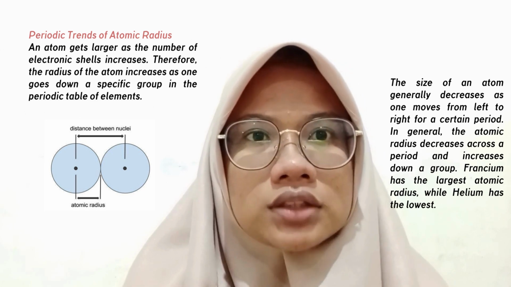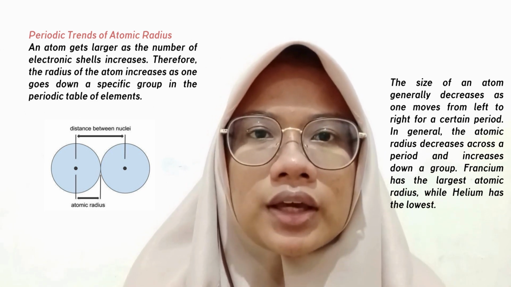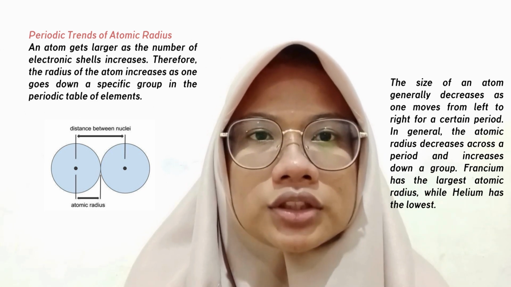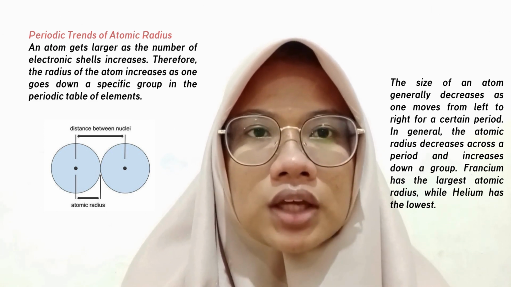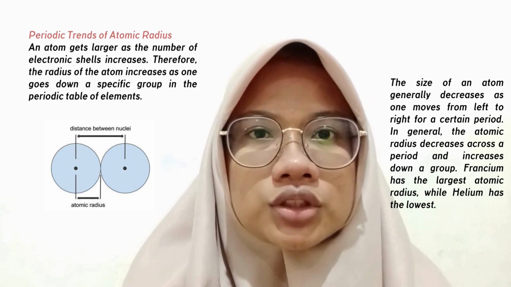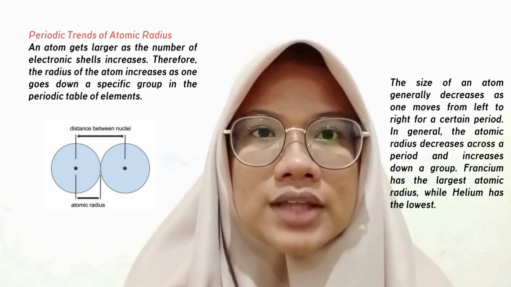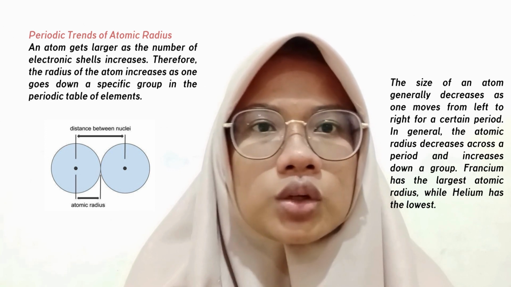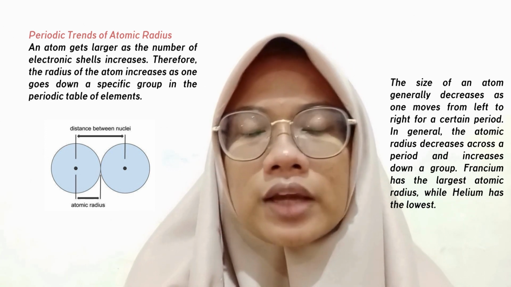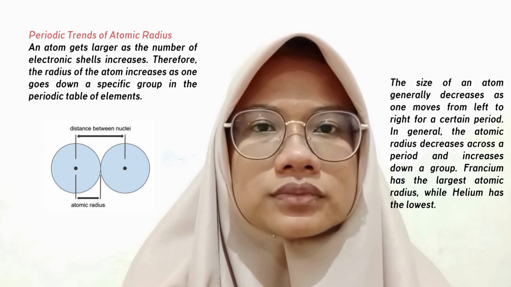And then, for the trends of atomic radius, an atom gets larger as the number of electron shells increases. Therefore, the radius of the atom increases as one goes down a specific group in the periodic table of the elements.